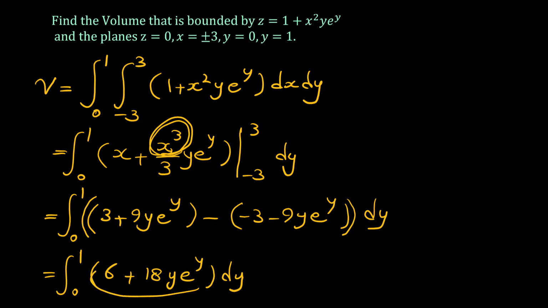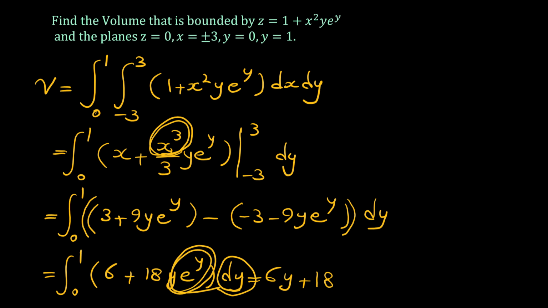Now we have to find integral of this expression with respect to y. Integral of 6 is 6y, and integral of y e to the y with respect to y with the integration by parts method would be y minus 1 e to the y.